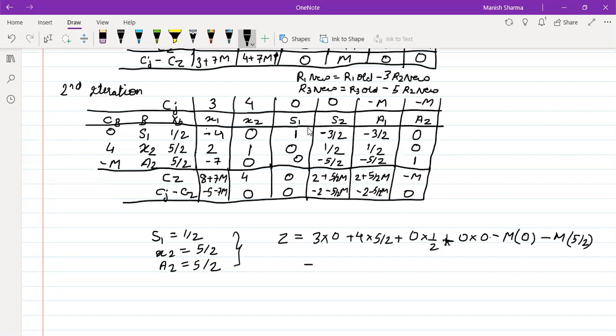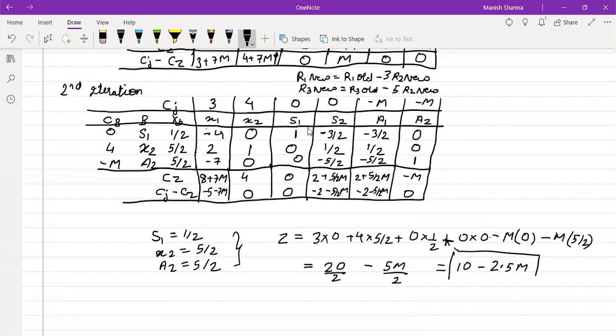So what we will get here is 20 by 2 minus 5m by 2, that is 10 minus 2.5 m, correct?